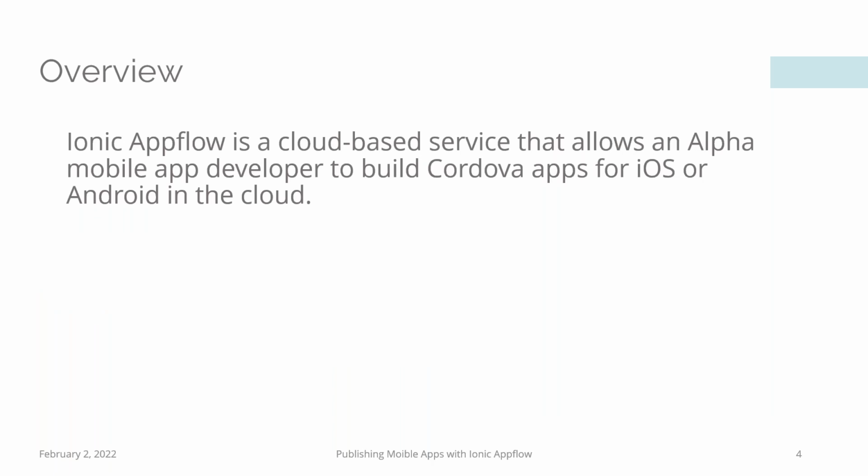So to start, I just want to talk about what is Ionic Appflow. Ionic Appflow is a cloud-based service that allows you as an Alpha Anywhere developer to build a mobile app for iOS or Android using Ionic Appflow's continuous integration, continuous deployment platform. We integrated Ionic Appflow into the app once we learned that PhoneGap Build was going away and was no longer going to be around.